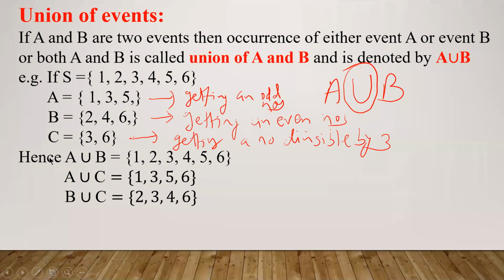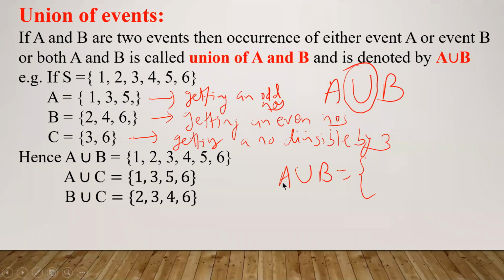Now let me give you what will be A union B. When A union B will occur, or what sample points will be there in A union B. So as per my definition, A union B will occur if either A or B or both have occurred. To write the sample points in A union B, what you have to do?